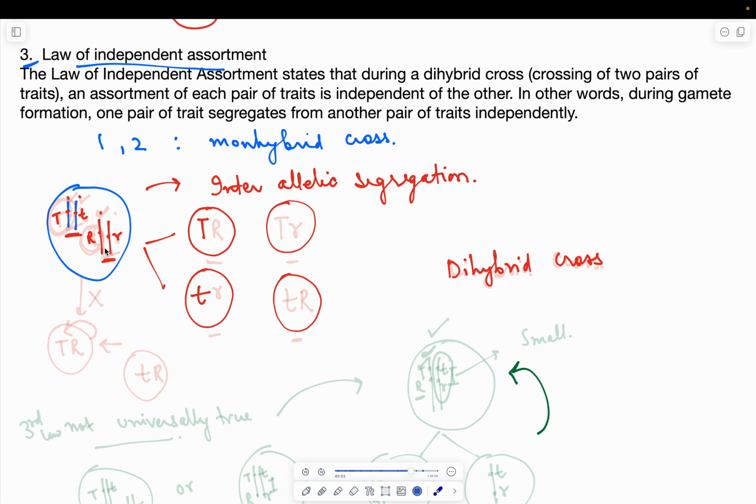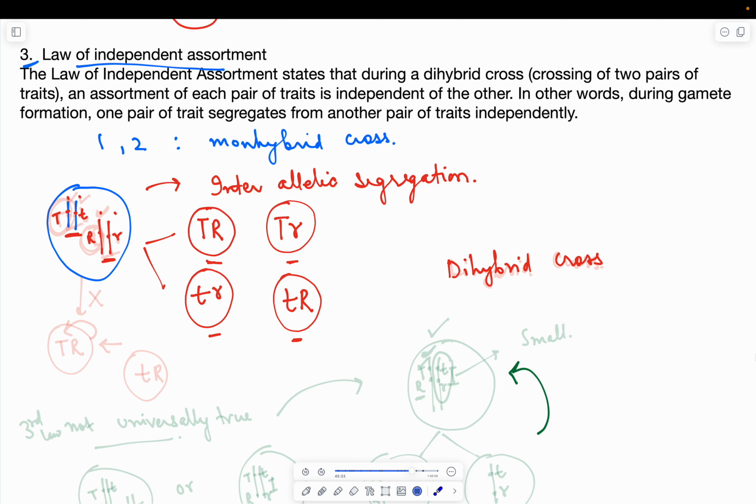This R will independently assort from this R, but there is also a possibility that small r goes with capital T. And there's also a possibility that small t goes with capital R. So there is the possibility of formation of four kinds of gametes.